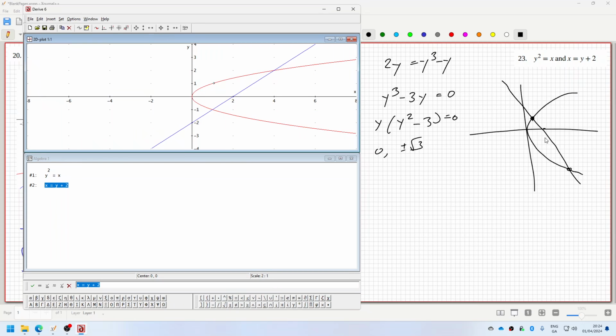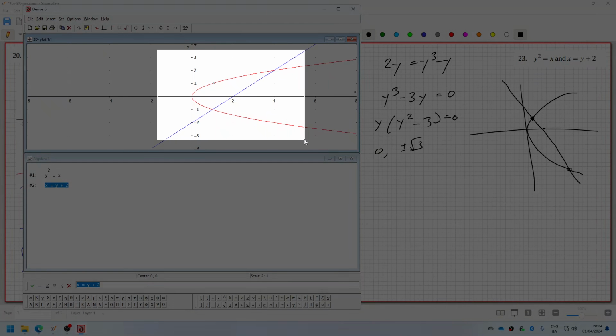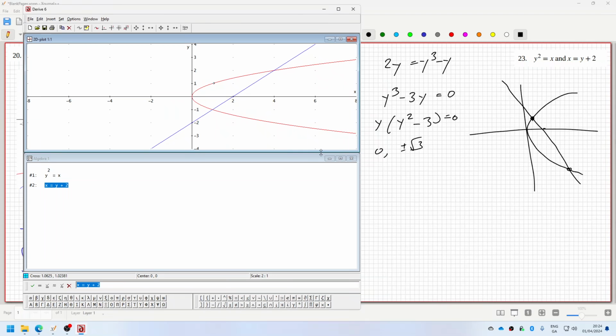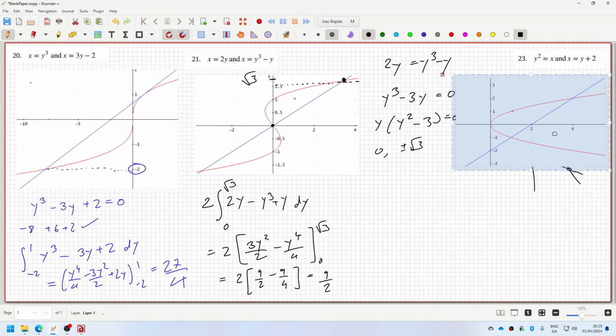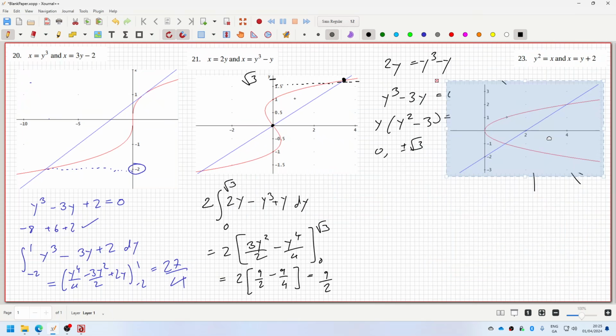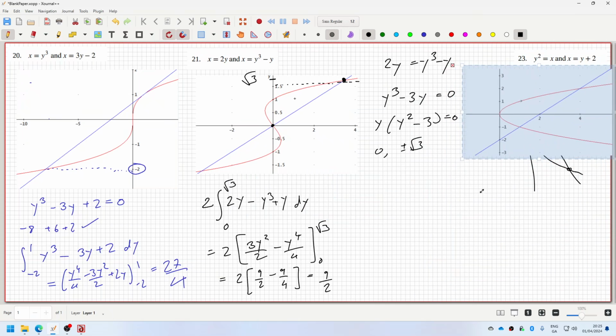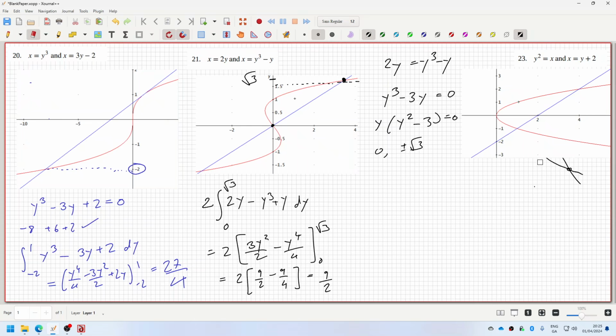Okay, oh, I drew my line going the wrong way, but it wouldn't have affected my answer. I still would have calculated the right answer. I would have realized it too with the numbers. Anyways, all we've got to do is integrate from this value, which looks like minus 1.